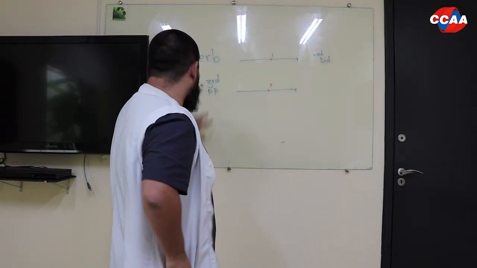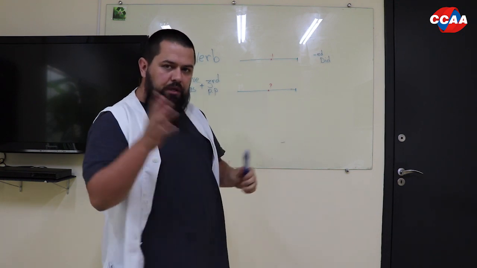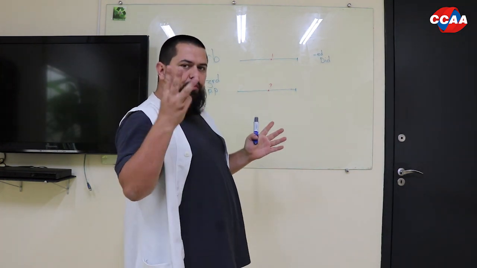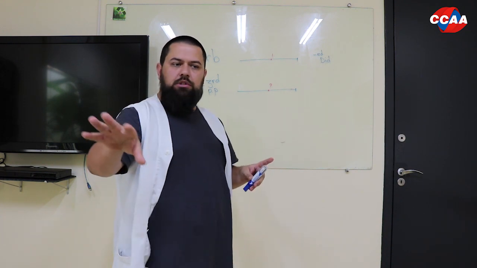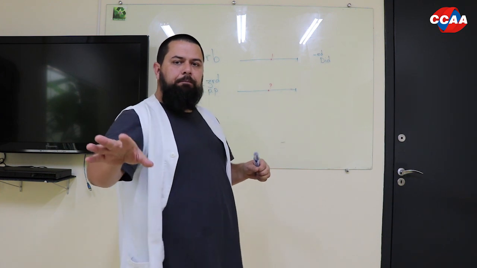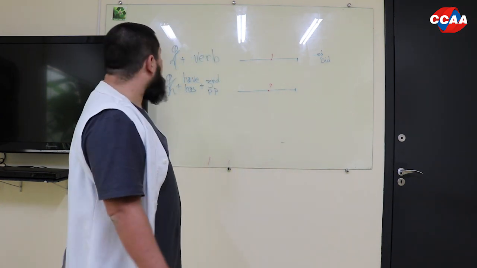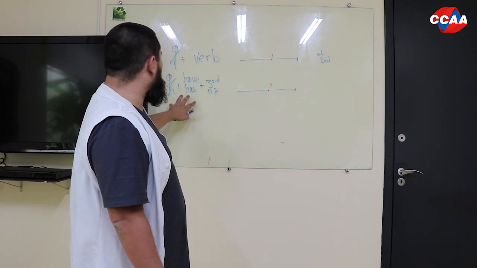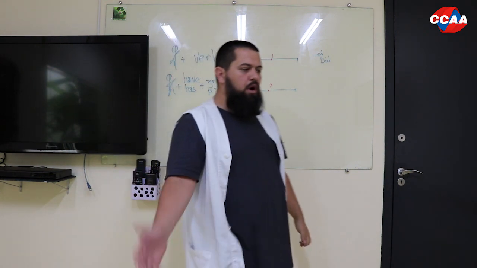Okay, just my parenthesis here. Remember, past participle, third form, it's because all verbs in English have three forms, right? If you are in doubt about that, there is a video called Forms of the Verb, something like that, and you can watch it. Okay, so, fair enough, we use present perfect to talk about an action that happened in the past and we don't know when it happened.